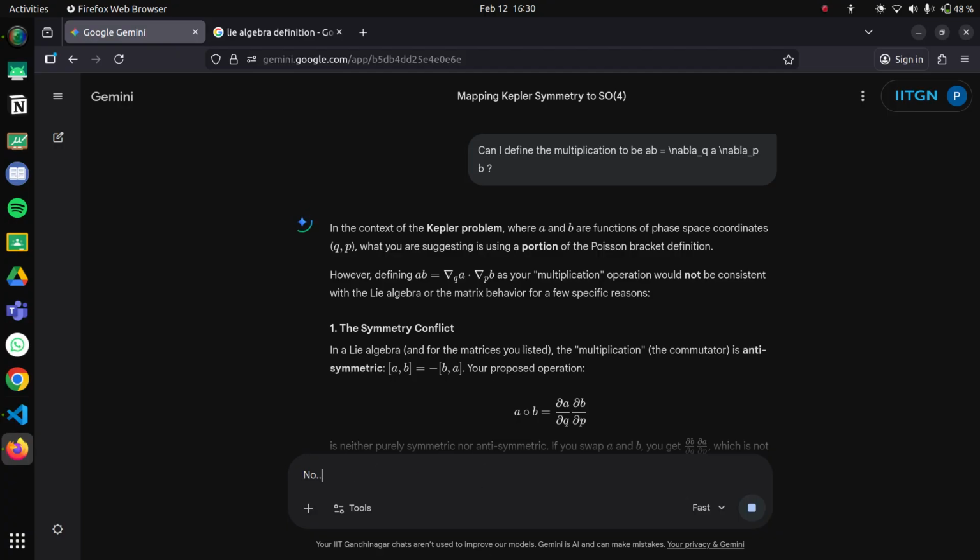Still define the Poisson bracket as the Lie bracket, but define the multiplication that we discussed.